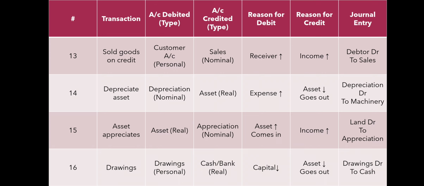Then drawings. So what are drawings? I had told you when I taught about the terminologies what drawings are. If I have a business, say a grocery store, and I have chocolates, and one day I was craving for chocolate, then I ate a chocolate. So I used my capital, so those are the drawings. So drawings is a personal account.